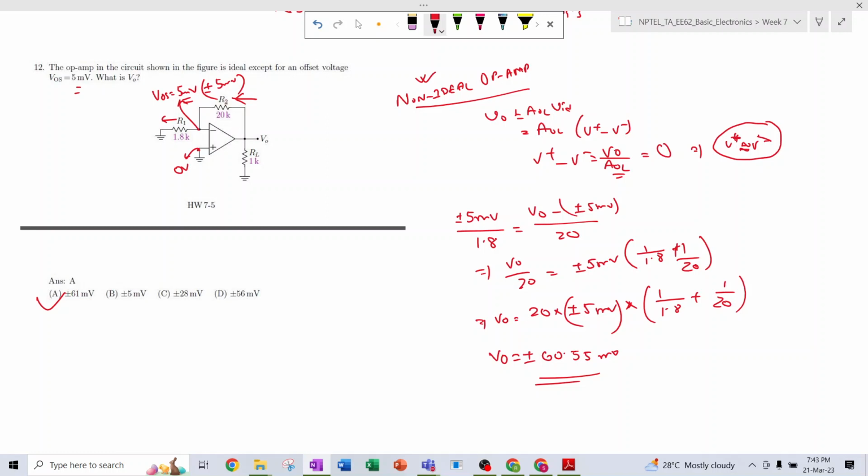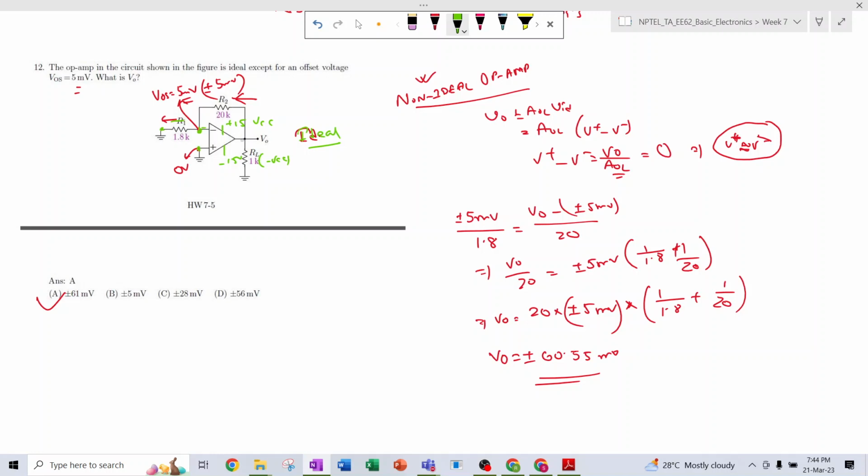So in this configuration, ideally the negative terminal is grounded and the positive terminal is also grounded. If it was in the ideal condition, and we connect plus 15 volt as VCC and minus 15 volt as minus VCC, and connect the input terminal like this, then it would be 0 volt and 0 volt, so no current will flow through this.